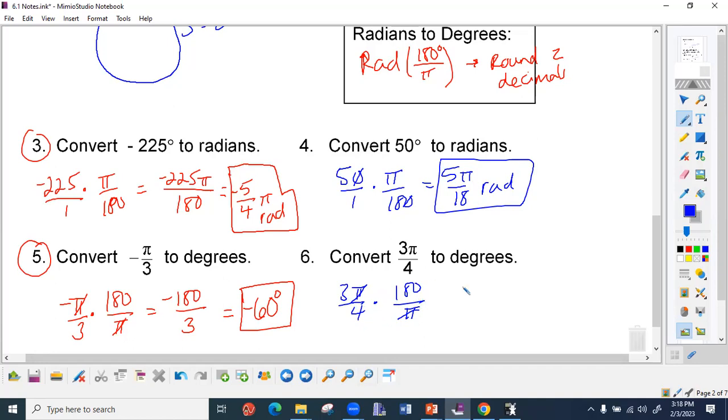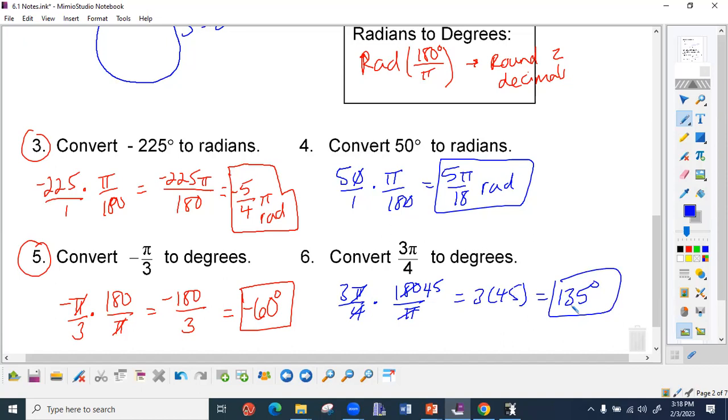So if I wanted to do it without a calculator, 180 divided by 4 is going to be 45. Now I'm just left with 3 times 45. And what did we get? 135. Doable?